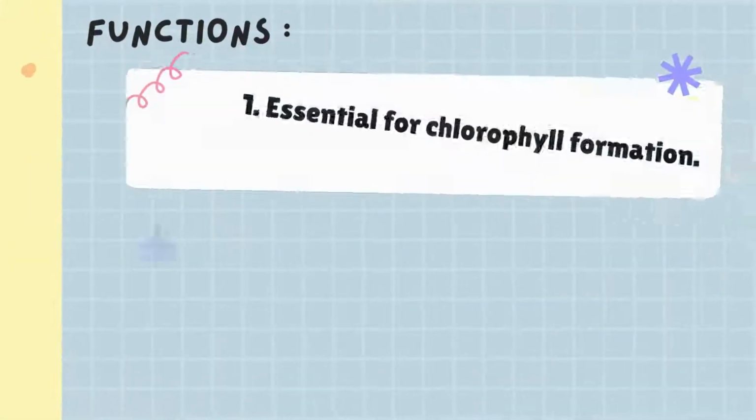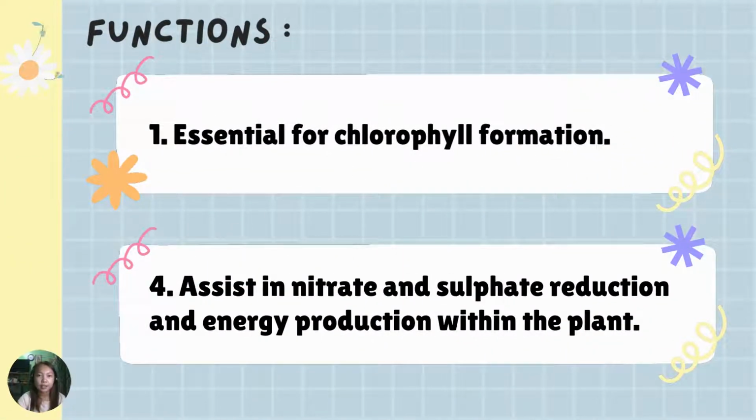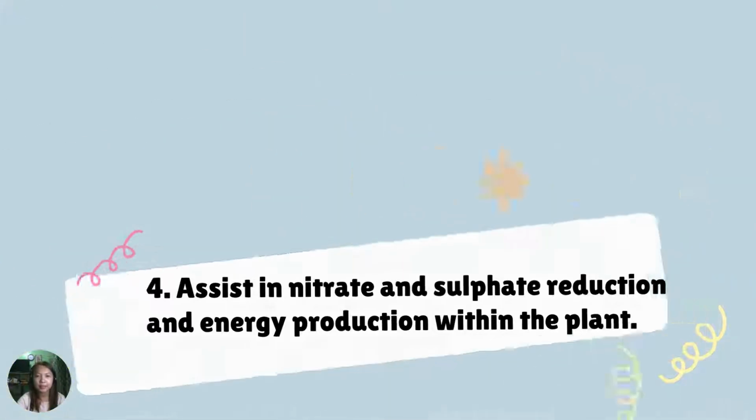Okay, moving forward is another function, essential for chlorophyll formation also, and it assists in nitrate and sulfate reduction and energy production within the plant. If there is too much nitrogen and sulfur present in plants, iron will serve as a balancer for the presence of nitrogen and sulfur in plants.